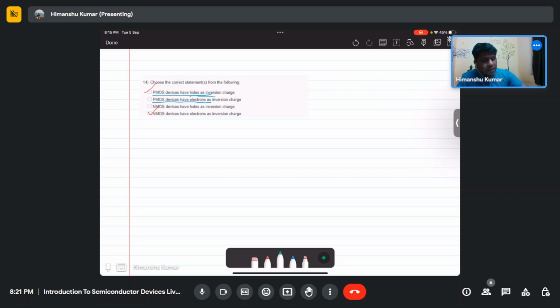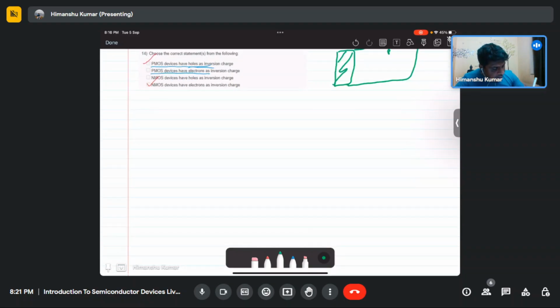So what happens is, as you apply the gate bias, if you have this metal oxide semiconductor junction, then this is your semiconductor, which is p type. So normally, if you draw the band diagram without any contacts or joining, the band diagram looks like this.